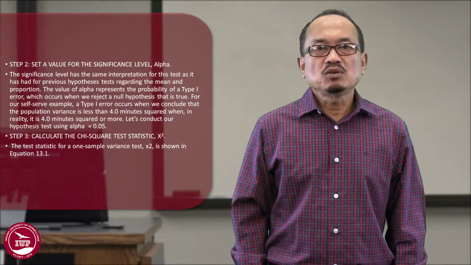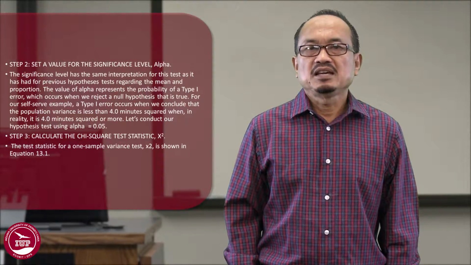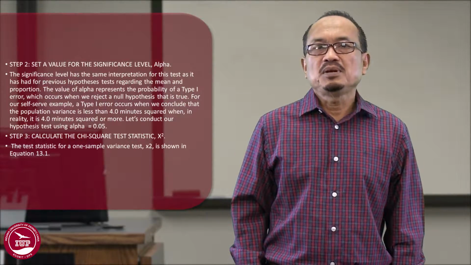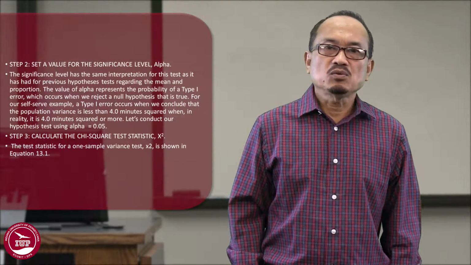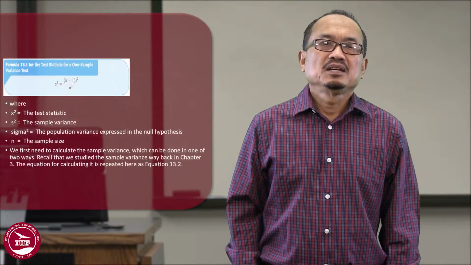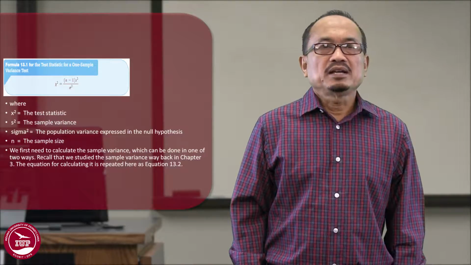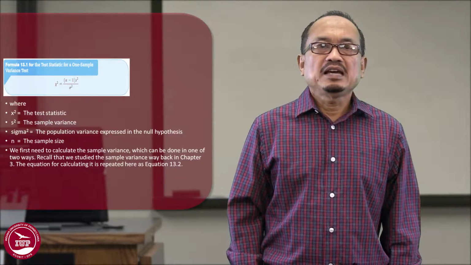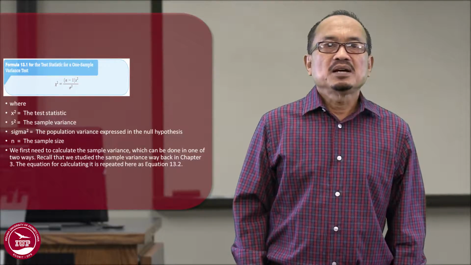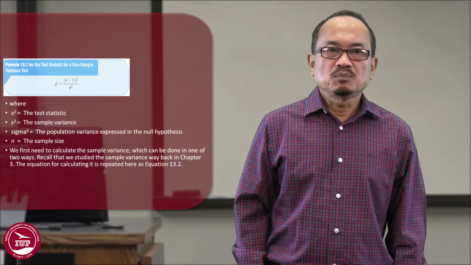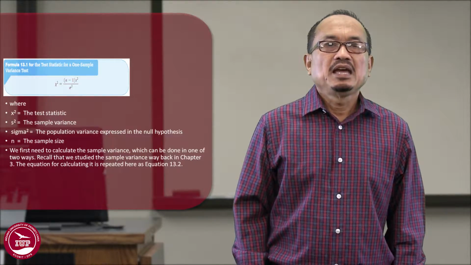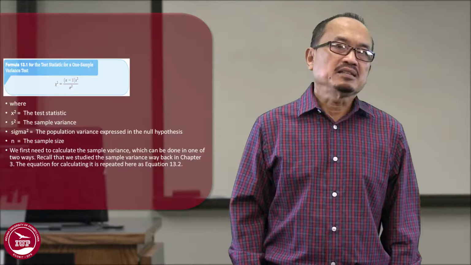Step 3. Calculate the chi-square test statistic, chi squared. The test statistic for a one-sample variance test, chi squared, is shown in equation 13.1, where chi squared is the test statistic, s squared is the sample variance, sigma squared is the population variance expressed in the null hypothesis, and n is the sample size.